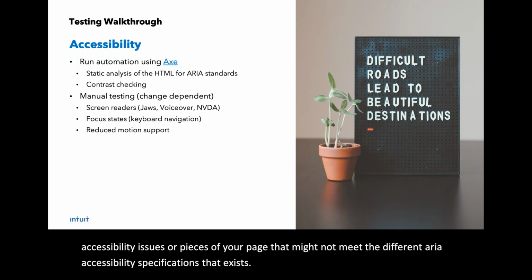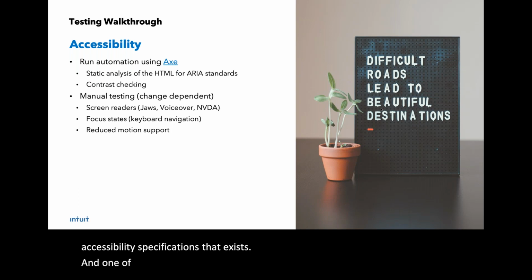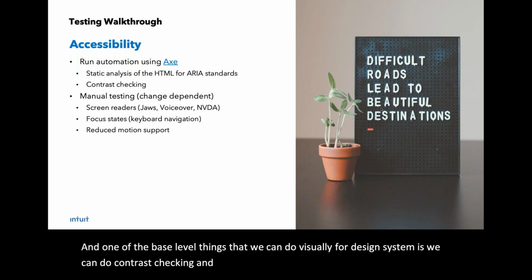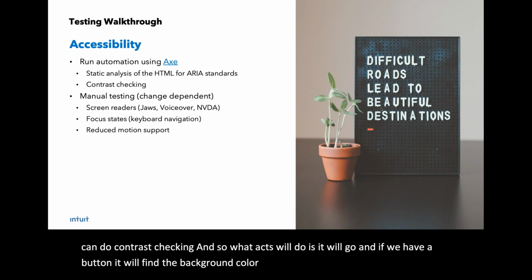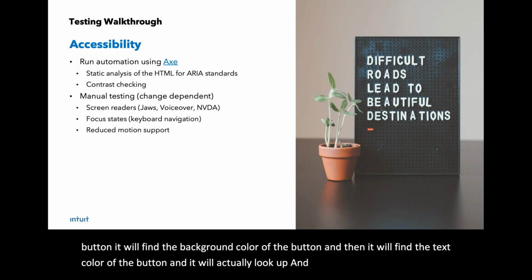And one of the base level things that we can do visually for our design system is we can do contrast checking. And so what Axe will do is, if we have a button, it will find the background color of the button, and then it'll find the text color of the button, and it'll actually look up and say, what is the contrast between these two colors?